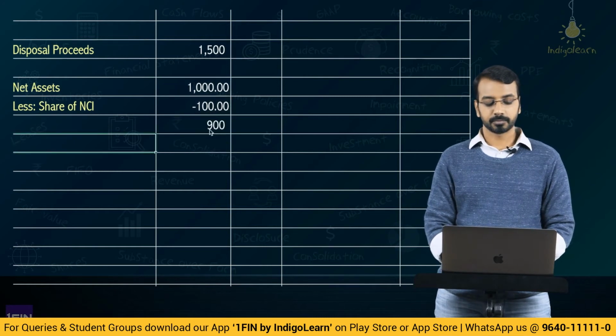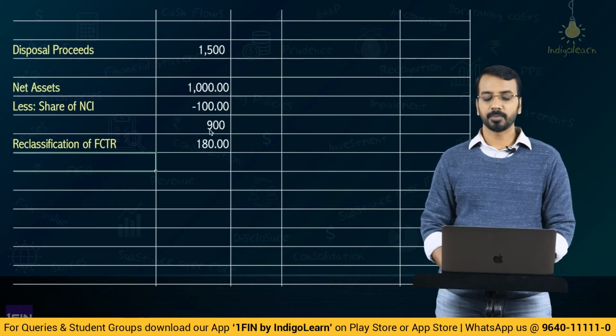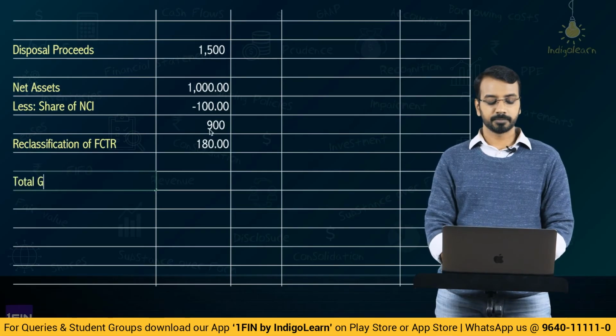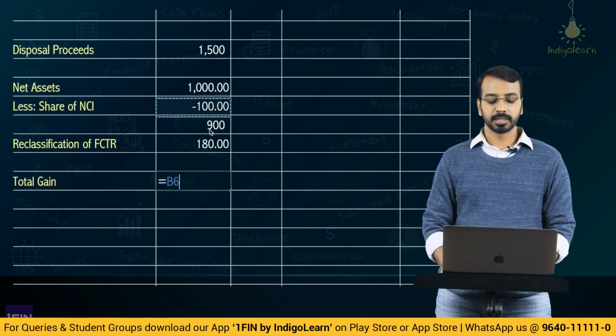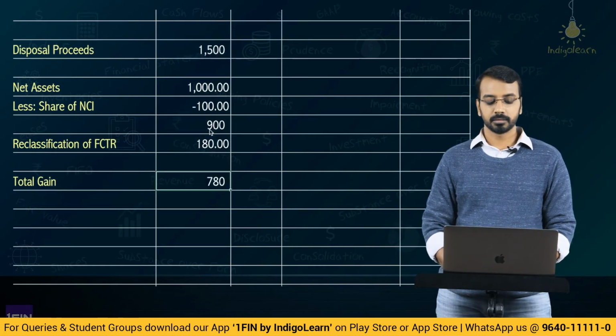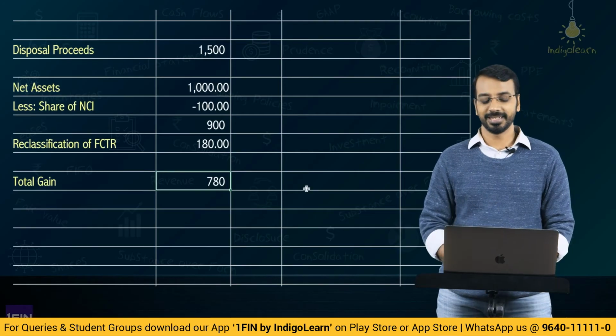And gain on reclassification of FCTR is 180, because 20 pertains to the non-controlling interest. So, the total gain is 1500 minus 900 plus 180, that comes to 780.